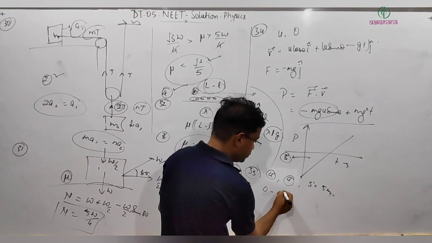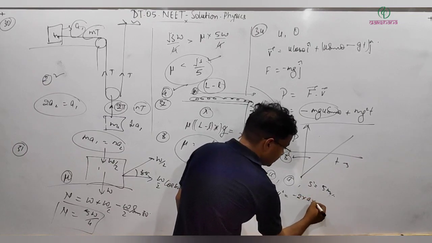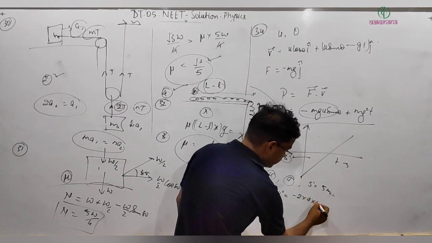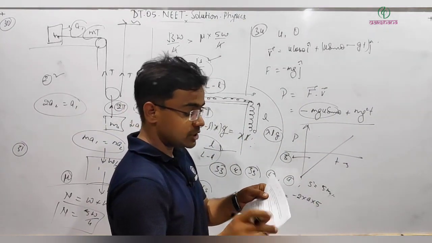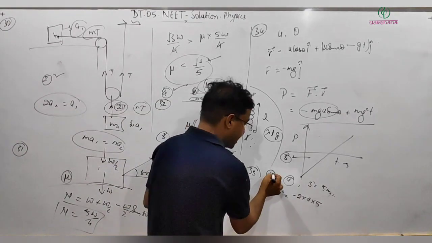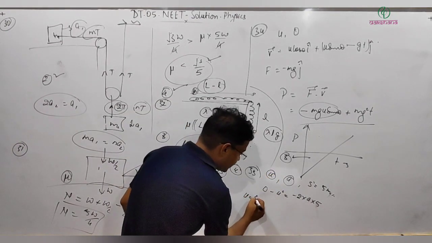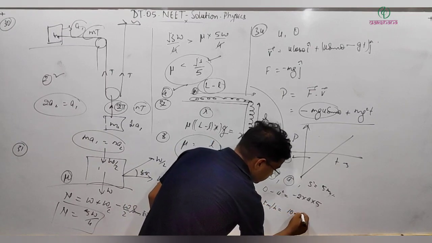So 0 minus u squared is equal to 2 into negative a into 5. Let's say in the next case it is going at 36 km per hour. 36 km per hour means u is equal to 10 meter per second.